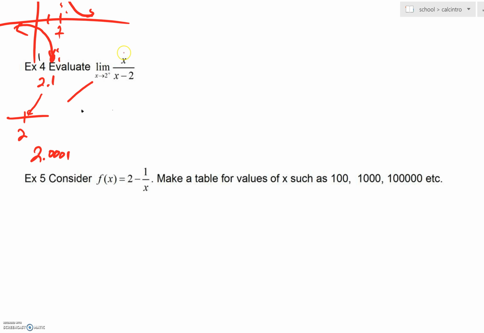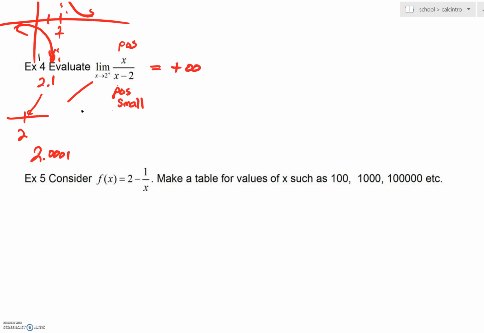The top, of course, is going to be positive. So is the bottom. But this is a positive small number. And when you divide by something small, you get big. And everything's positive. This is going to positive infinity. I don't even need to see a picture to know that.